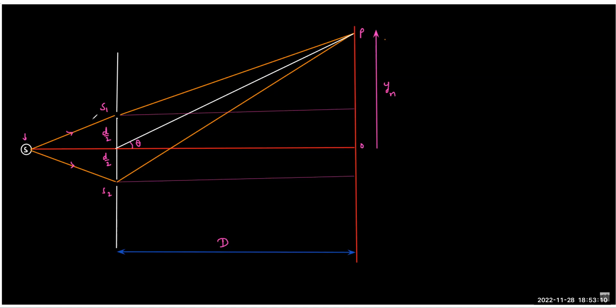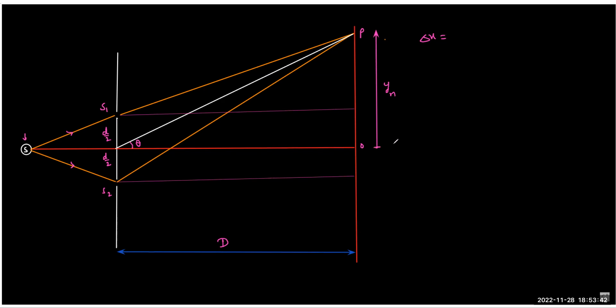S1 and S2 are at equal paths, so they will contain an equal number of wavelengths, isn't it? So the number of wavelengths up to S1 and up to S2 is the same. But now if you move from S1 to P and S2 to P, you are traveling different distances, therefore you will be containing different numbers of wavelengths, isn't it? Yes, sir.